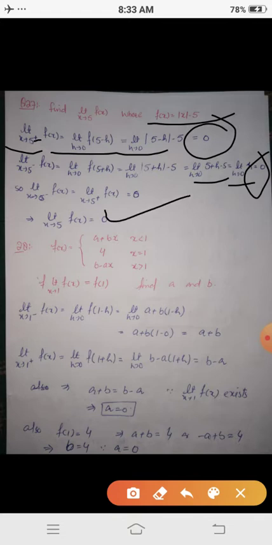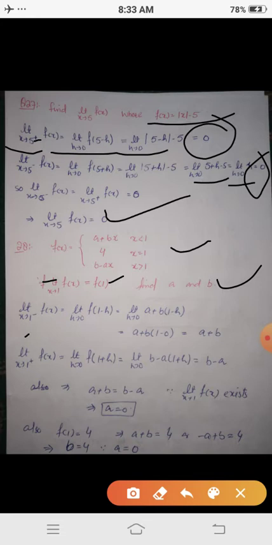Now question number 28: f(x) is a + bx when x is less than 1, 4 when x equals 1, and b − ax when x is greater than 1. If the limit exists at x equals 1 and the value of the limit is f(1), we have to find the values of a and b.